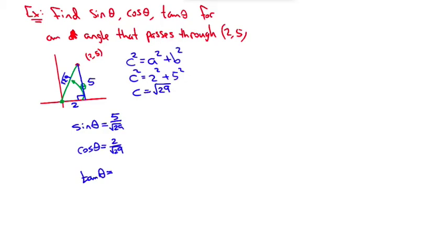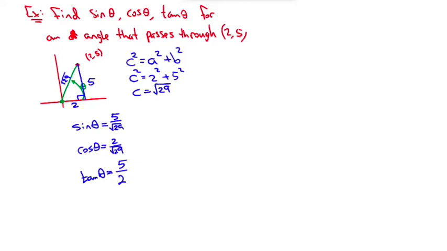You're just not supposed to leave a square root in the denominator, because of infinite decimals; if you did long division, you'd have to move the decimal over forever. So technically, you rationalize. What about tangent of theta? That's opposite over adjacent, 5 over 2.